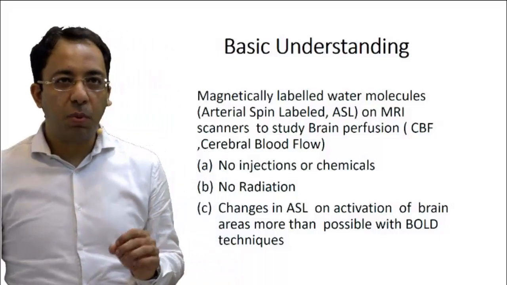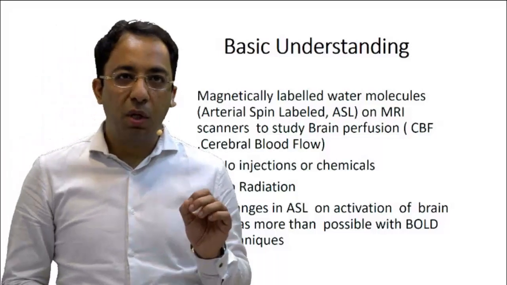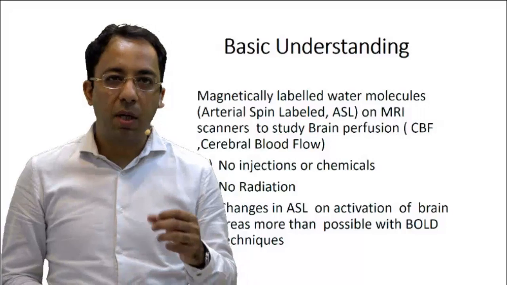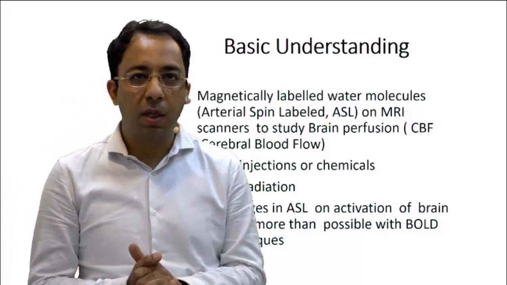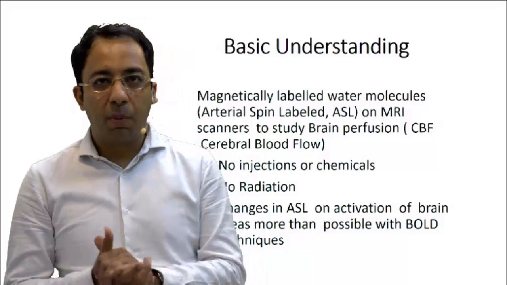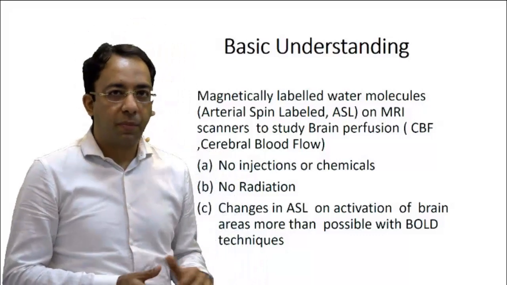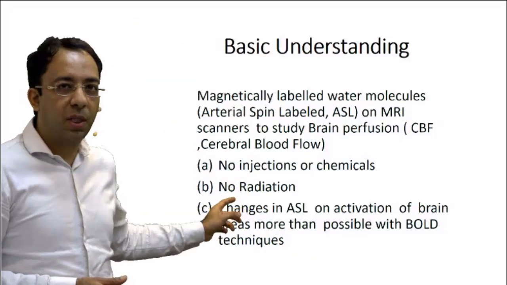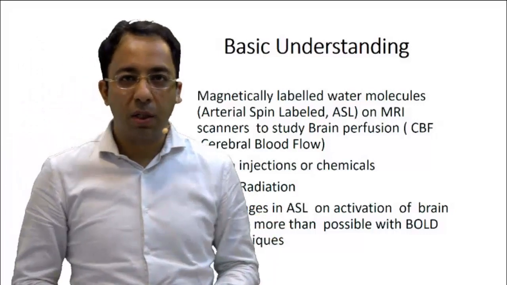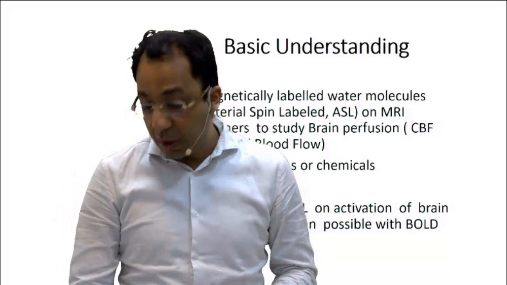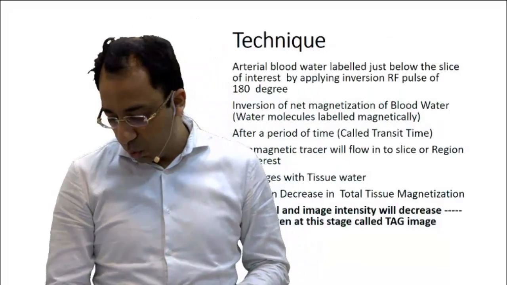Arterial spin labeling is different, using magnetically labeled water molecules. That is why we call it arterial spin labeled perfusion. An important thing to understand is that there is no radiation exposure here, no contrast material is required, and we are able to see more than what we can see on a plain technique.